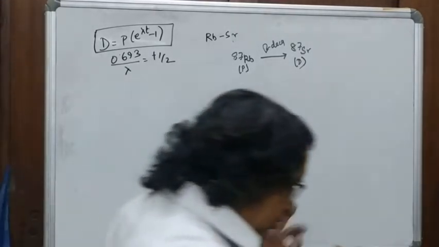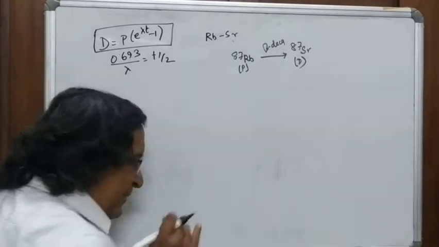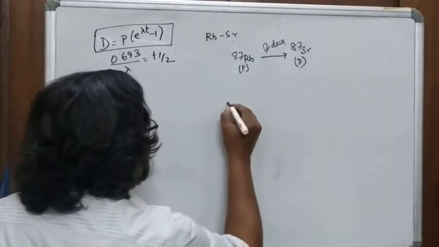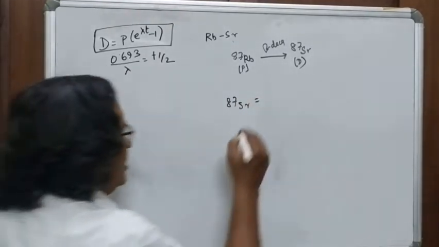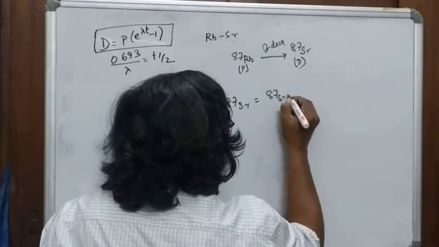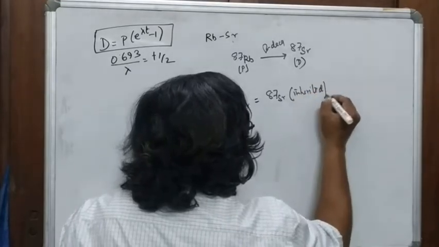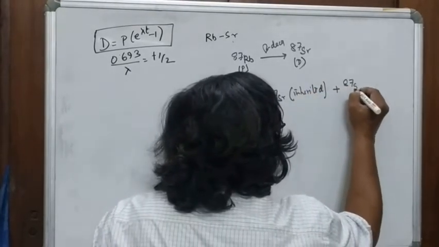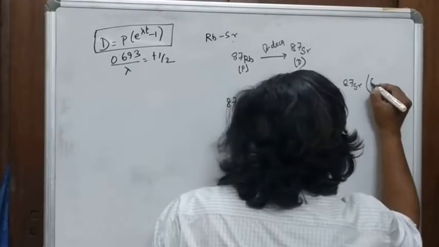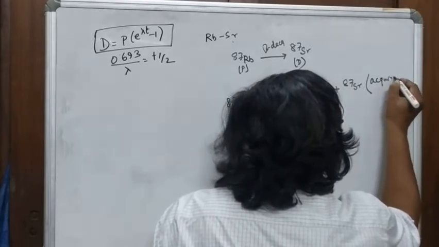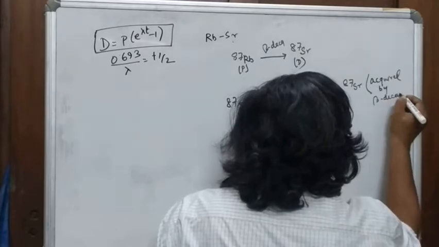the Earth inherited some 87 strontium. At the present moment, if you take the 87 strontium value, it has two parts. One is the 87 strontium that the Earth inherited, plus the 87 strontium that it acquired by beta decay of 87 rubidium.